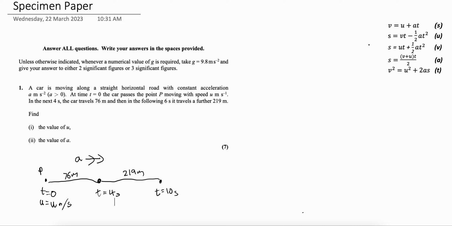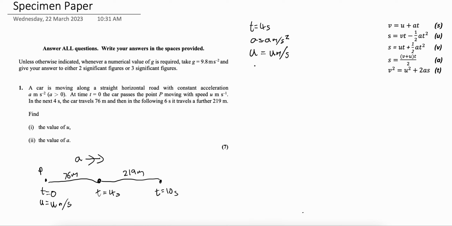Okay, so let's look at this in the context of what variables we have, so we know which SUVAT equation to apply. We know that our time for the first stage is 4 seconds. We know our acceleration is a meters per second squared. We know our initial velocity is u meters per second.